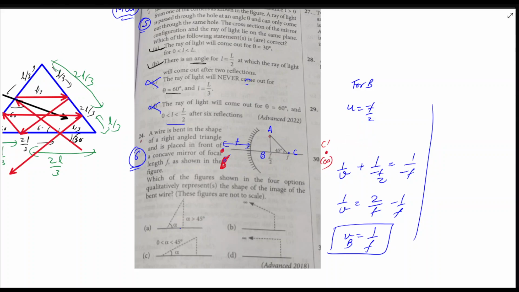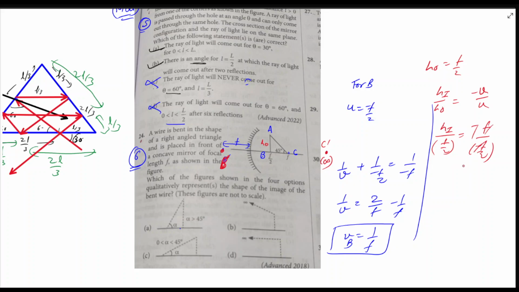Okay, and for A, we have to take the height of image. So this is height of object, let's say, and if this is f by 2, so height of object will be f by 2. So we know height of image upon height of object will be equal to minus v by u. So height of image upon height of object, it is f by 2 because angle is 45 degree, right? So this is f by 2 minus. So v is plus f upon u. u is minus f by 2, minus minus.